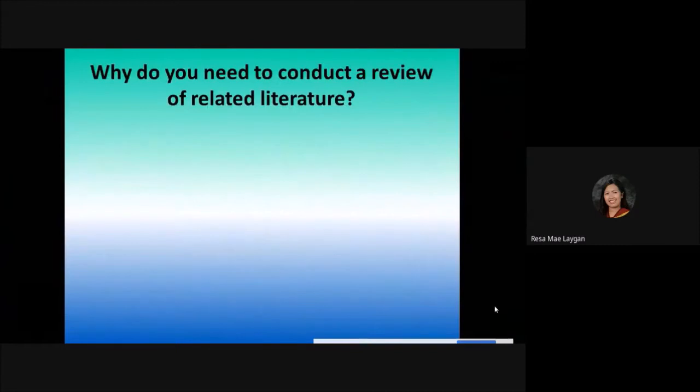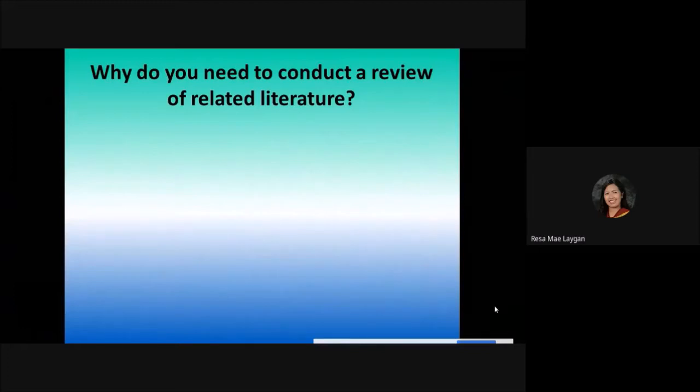So, I have here a question: why do you need to conduct a review of related literature? Especially when we do a research proposal or a research project, we really need to verify our topic with the related literatures.